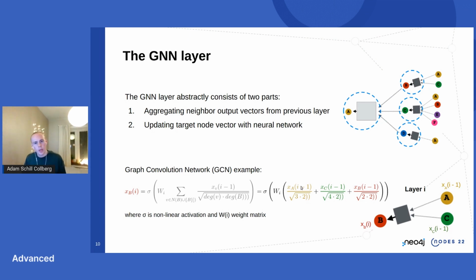There's some normalizing factor here that is based on the node degrees of the particular nodes involved. It's not so important. The basic thing is that we sum together the node features from the previous layer. And then we do some neural transformation with some weight matrix, W_I here. And then on top of that, we put some nonlinear activation function like ReLU or sigmoid or something like that. So this is GCN, and this is a very simple, elegant architecture, but turns out to be very effective.